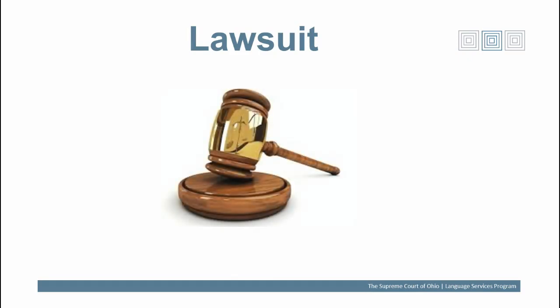A lawsuit. Any proceeding by one person or persons against another in a court of law. Because people will often shorten lawsuit and say suit instead, always double check that the context is referring to the legal action and not the set of articles of clothing or any of its other meanings.